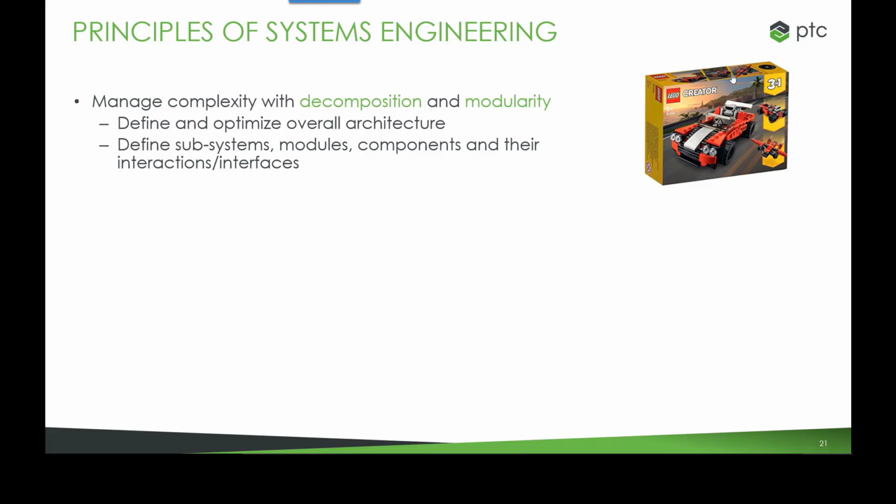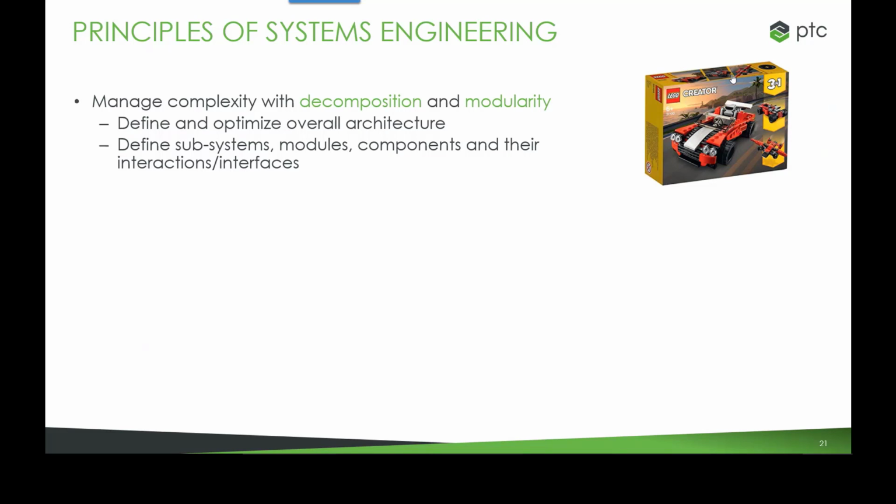Some of the principles: managing complexity with decomposition. A complex problem needs to be broken up into bits. And ideally, we think as well about modularity. The graphic shows Lego, probably one of the best simple examples of modularity. With that particular product, you can create 3 distinct vehicles from the same set of bricks. But of course, we all know Lego, and you can create 1 million different things from the same set of bricks.